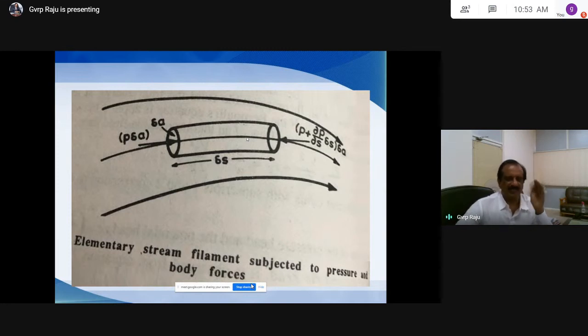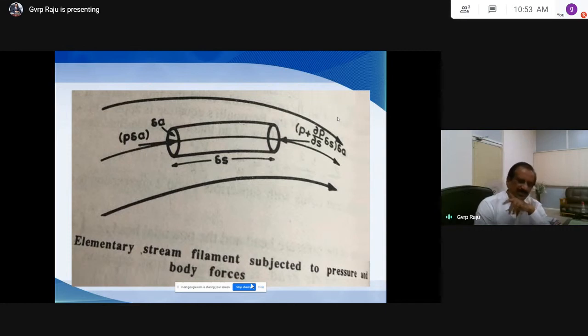Then you can say that there is no flow across a streamline. The flow is only in the tangential direction. If you take a streamline, you are simplifying the derivation to a one-dimensional case, that is, the tangential direction.